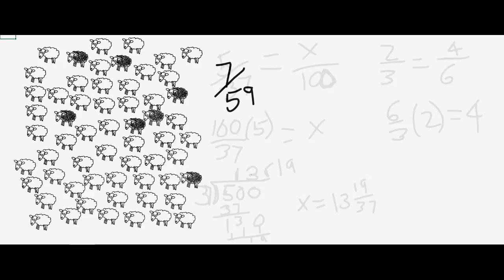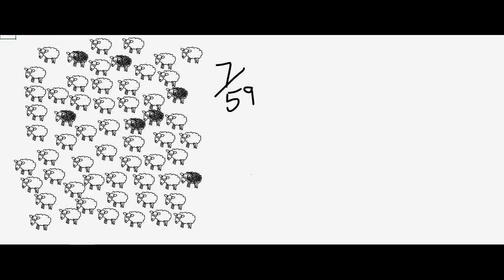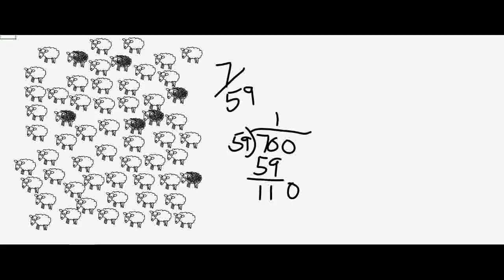We're doing the same thing with our 7 and 59. I can just go straight to my 59, divide it into 700, and I get 11, with a remainder of 51.